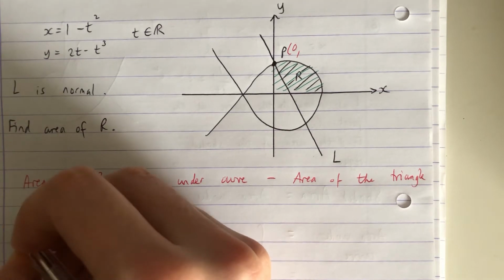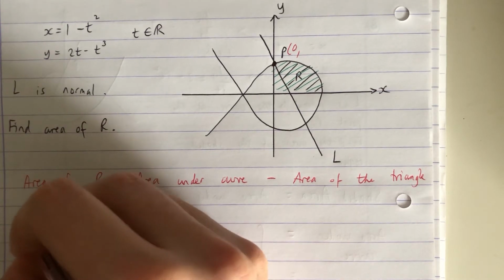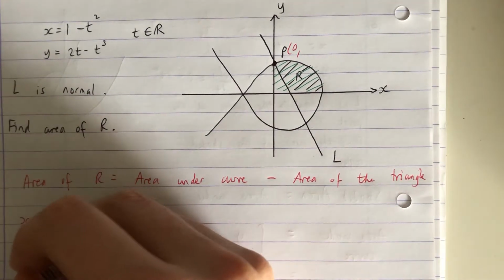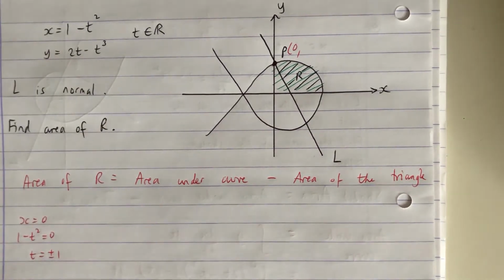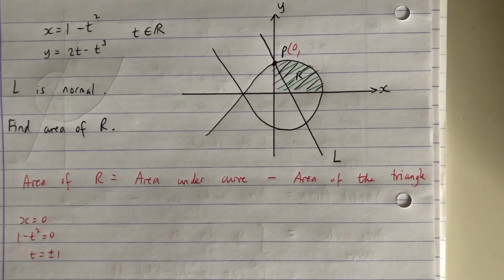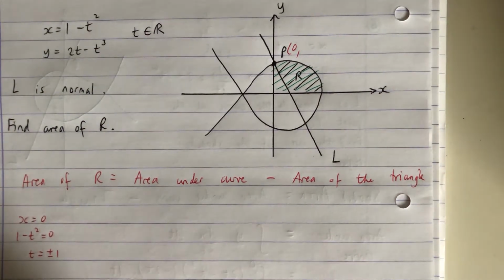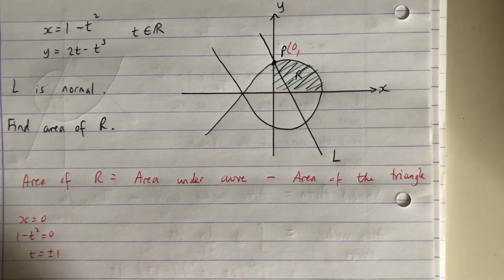So 1 minus t squared is equal to 0. And when you solve that, you get t is equal to plus or minus 1. Now, you can't really have two answers, but they say t can be any real number, so I can't discount either. So let's see what the y values would actually be.